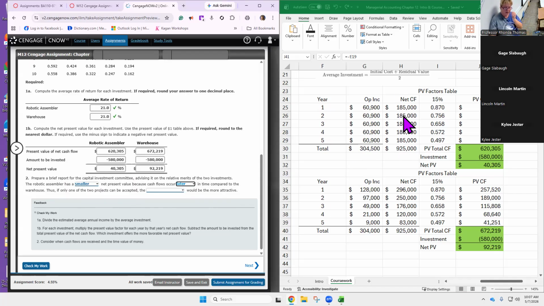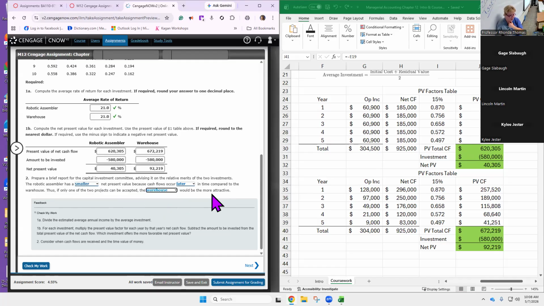You're only doing 185,000, even clear into years 4 and 5. So that's a lot smaller amount as time is larger, right? So compared to the warehouse, thus, if only one of the two projects can be accepted, we would probably recommend the warehouse.